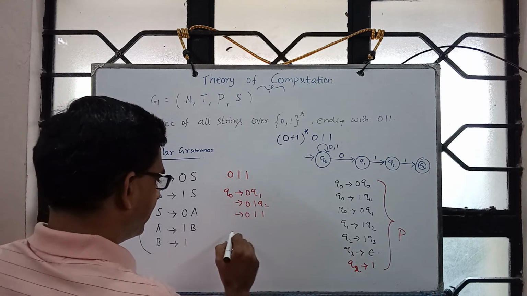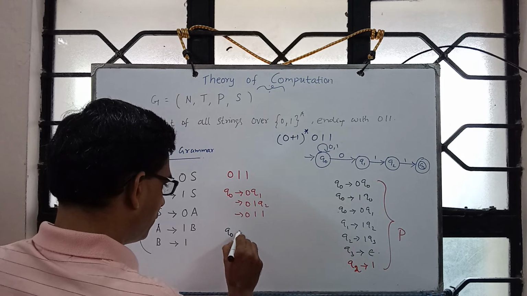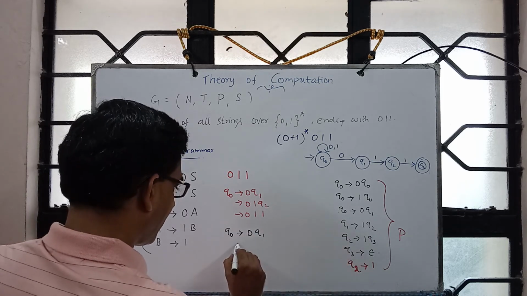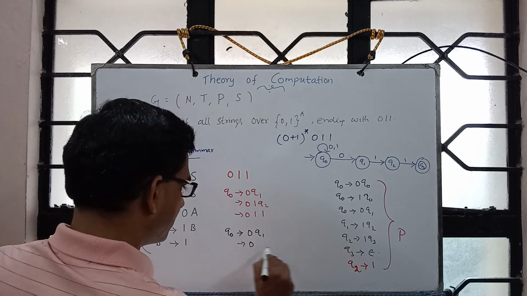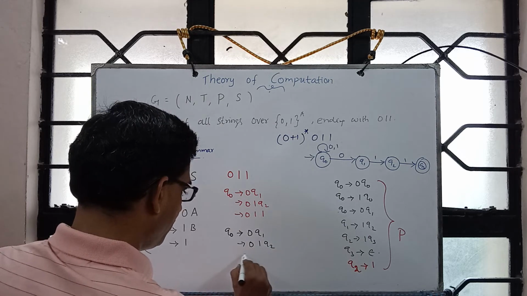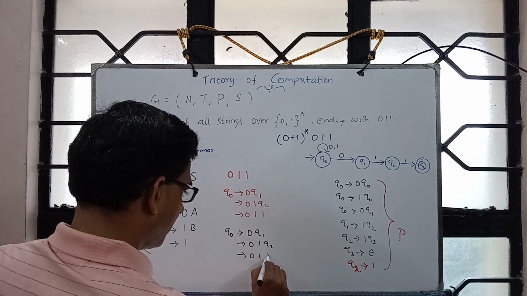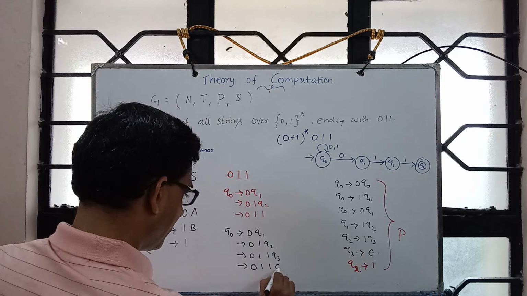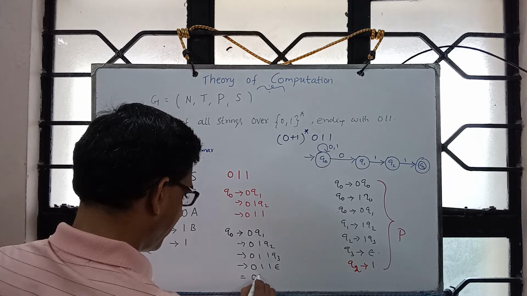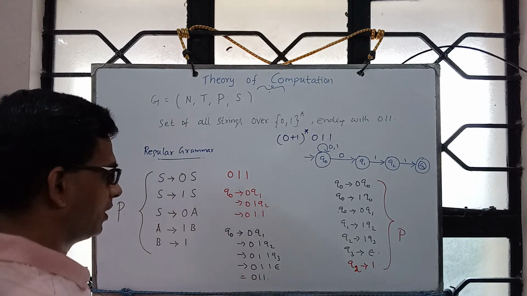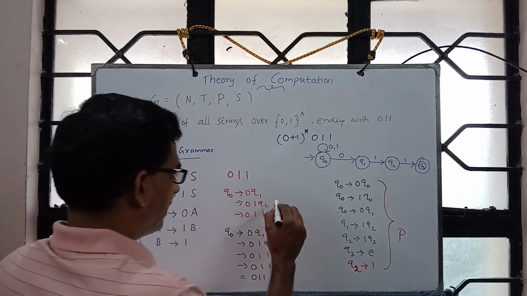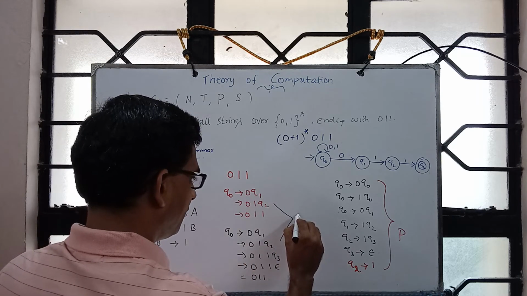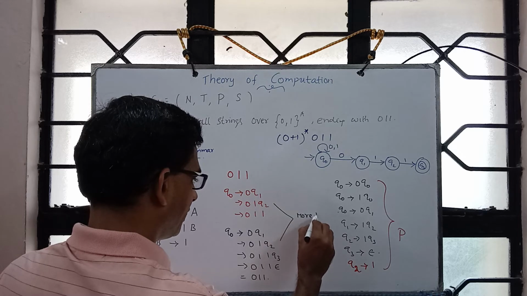So this is the derivation, but one can also do this: 0 Q1, and then it becomes 1 Q2, then it becomes 1 Q3, then it becomes epsilon. So we get this. Now you see that for this string 0 1 1, we have more than one derivation.